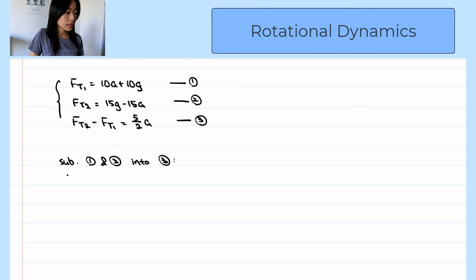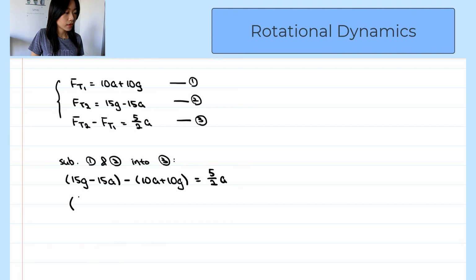So we get 15 times g minus 15 times a, minus the first equation, 10 times a plus 10 times g, and this equals the right hand side of the third equation, 5 over 2 times a.